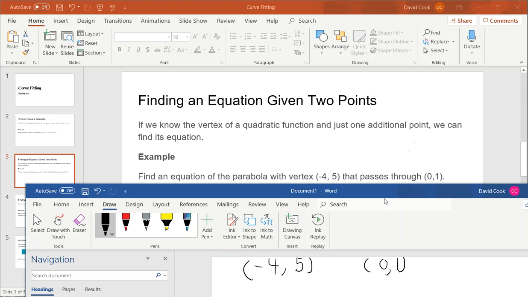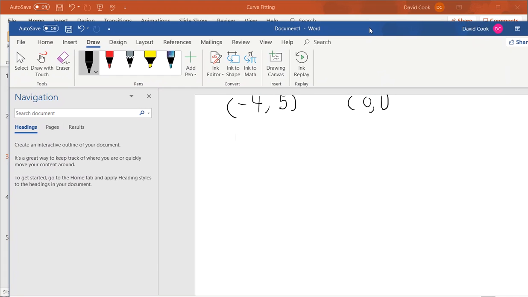We know that our equation is going to be of the form f of x equal to a times x minus h quantity squared plus k. My notation is a little bit different, but it's exactly the same idea. Here, h, k is the vertex.